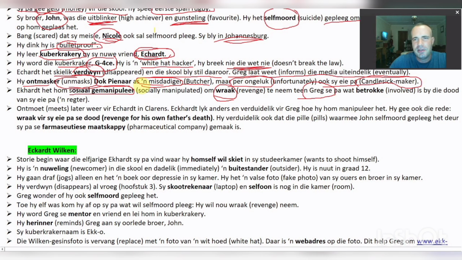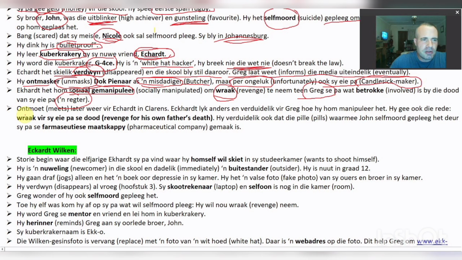He manipulated Greg into training him how to hack so that he himself discovers that his dad is a criminal by mistake. Okay, we'll explain that a bit later. Because Greg's dad, he was a judge, a regter, and he was murdered by the other two, or more directly by Doc Pienaar. Okay.